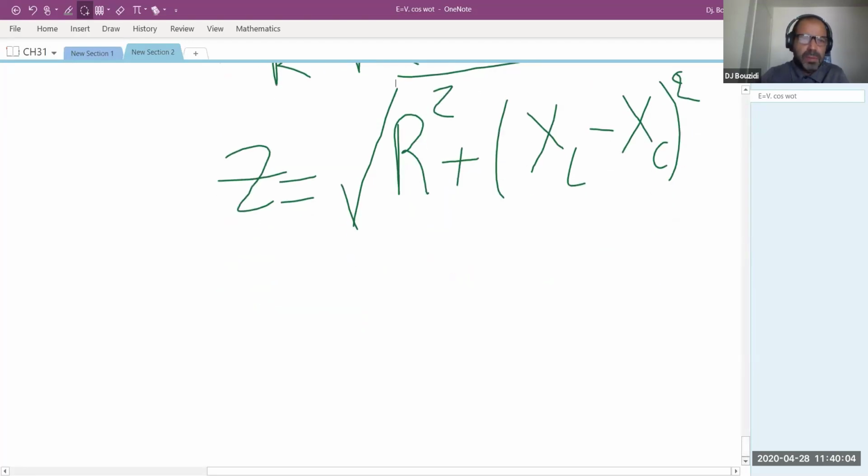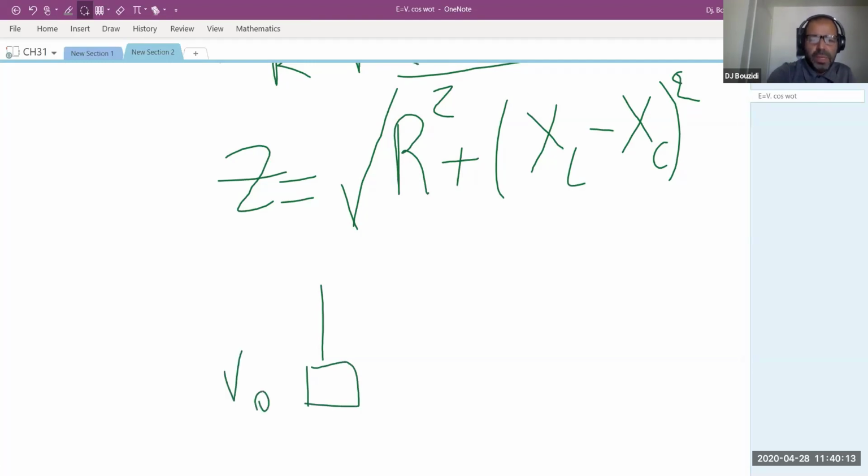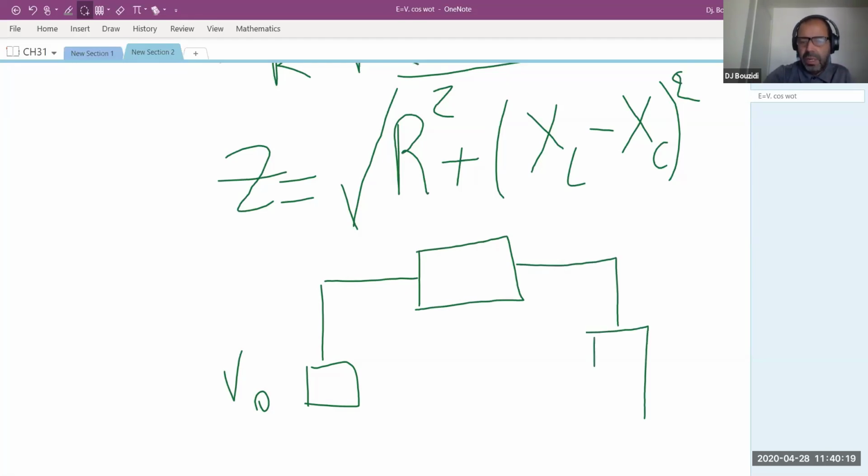Now let's talk a little bit more about that circuit in here. This is how I'm going to draw my circuit right now. I'm gonna have the power source, which is just a V0. I'm gonna have my resistor drawn as just a normal resistor, my inductor, the capacitor at the end, and I have my switch in here.